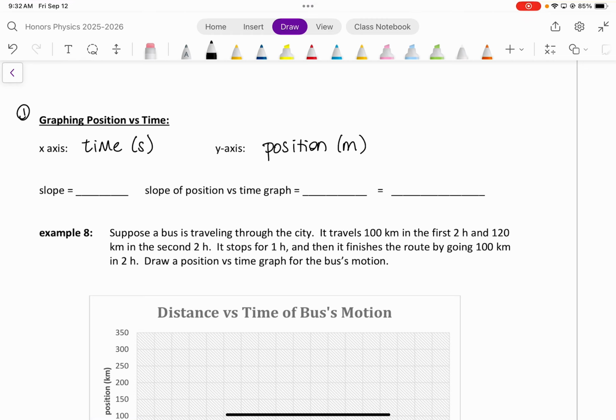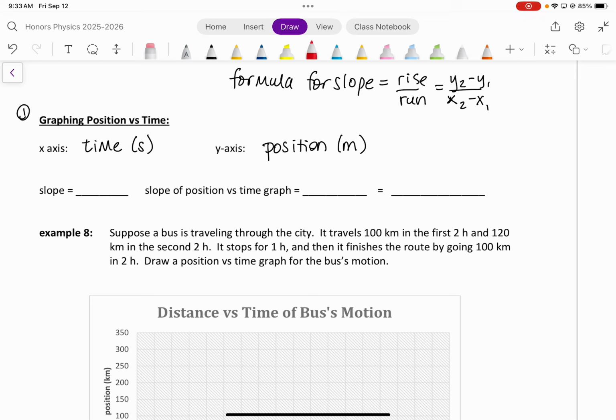All right, so the formula for the slope when we're calculating the slope of a graph is what? How do we calculate the slope of a graph? Rise over run: y2 minus y1 over x2 minus x1.